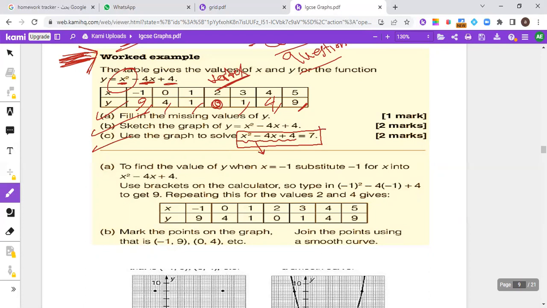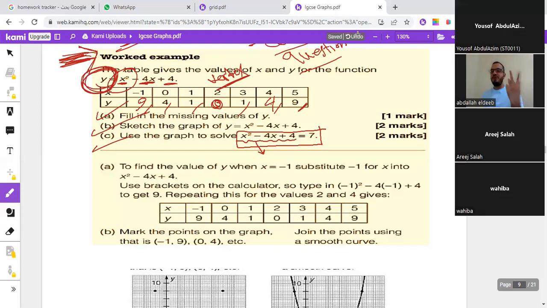7. Yes, and also equals what from the question? Why? So y has two faces. It is 7 and at the same time it is x squared minus 4x plus 4.